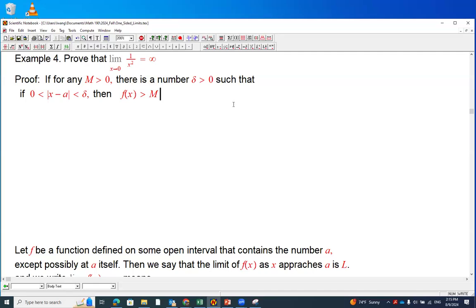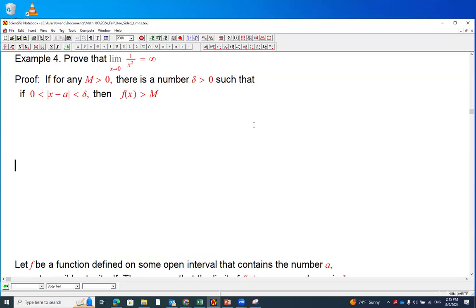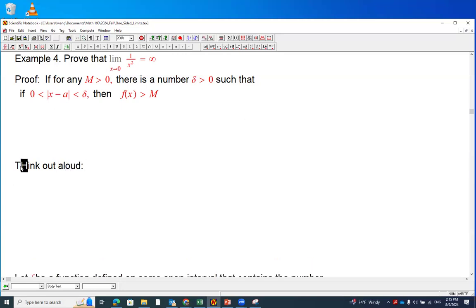So in order to determine the delta, and I'm going to think out loud. That's my scratch paper.